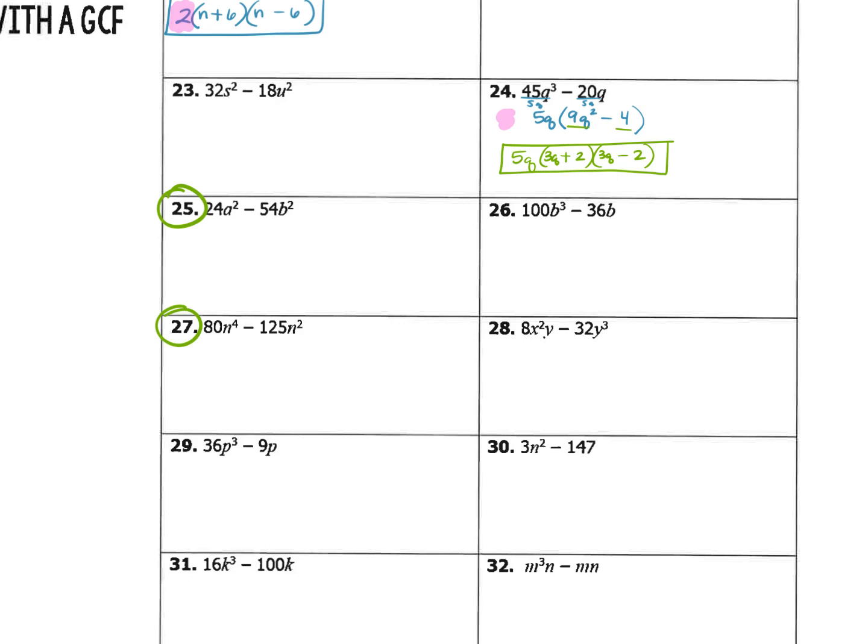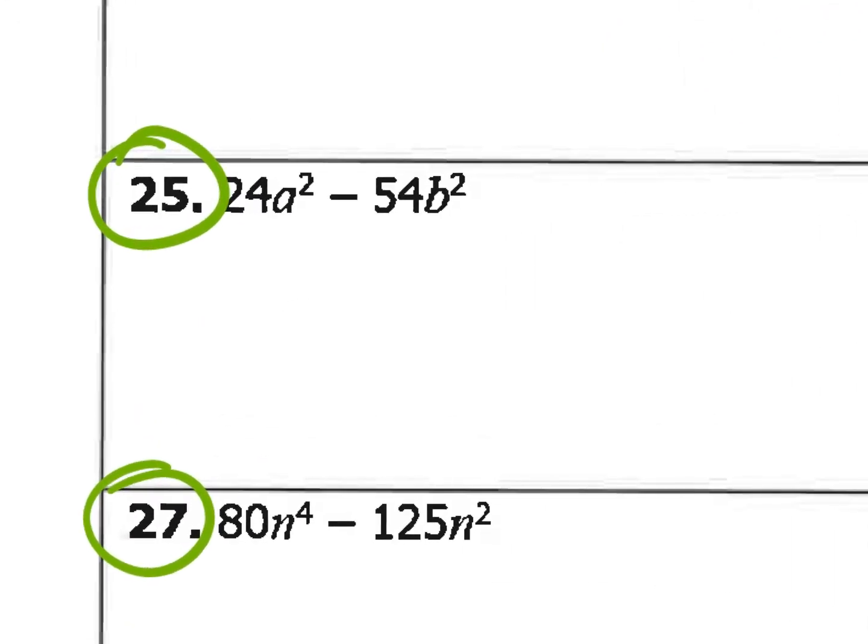All right, anyone think they have an answer for 25? What's your GCF on 25? 6. You can factor out a 6. So when you do that, you end up with 4a squared and 9b squared. Okay, then you have to ask yourself, is that a difference of squares?